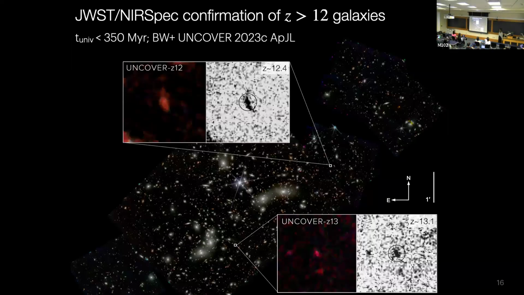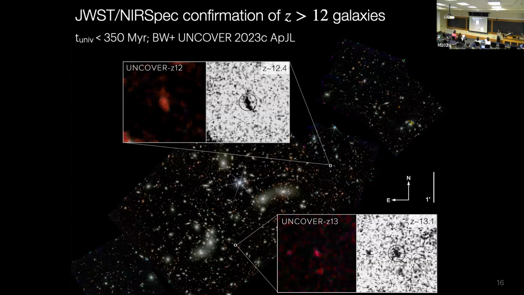Okay, and the special thing about UNCOVER is that it's a two-part program. We first take the imaging, and then after half a year, we take spectroscopic follow-up in the same cycle. So in Cycle 1, we had a lot of spectroscopic follow-up building on those photometric and stellar population catalogs.